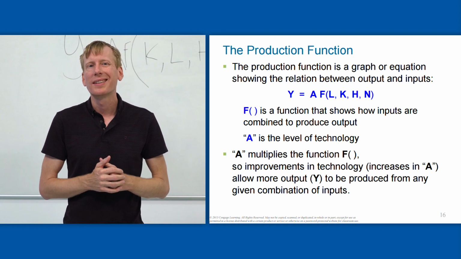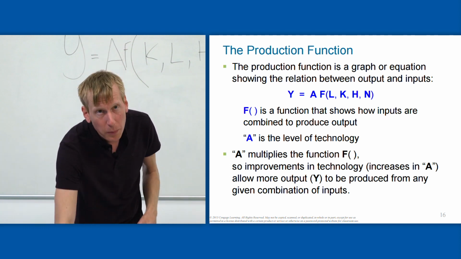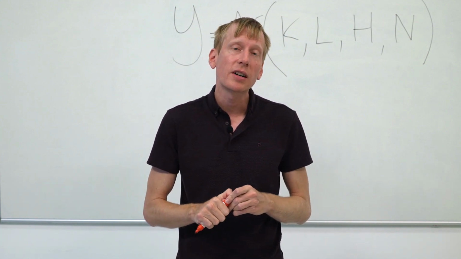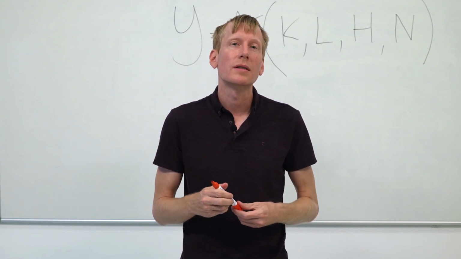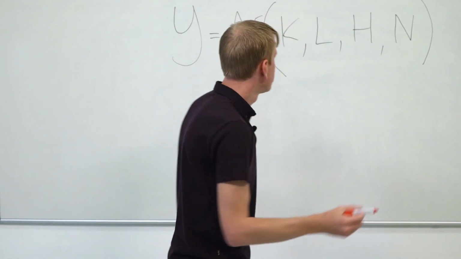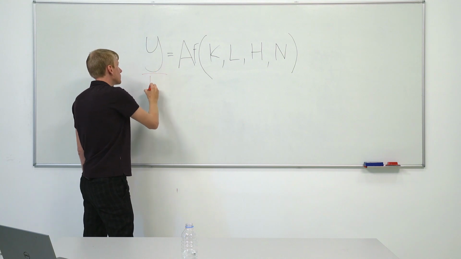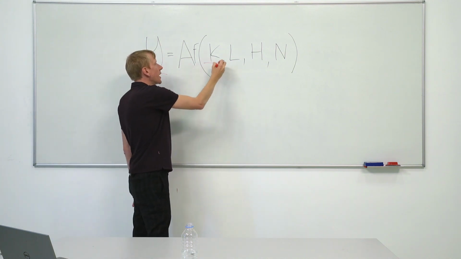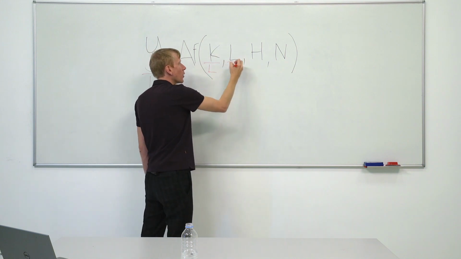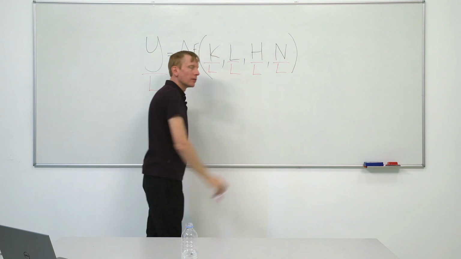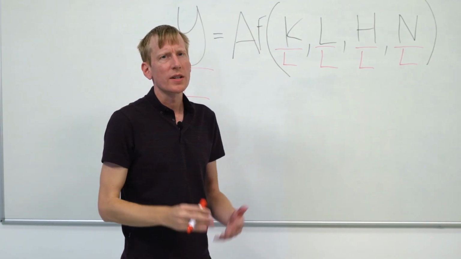But it isn't productivity. To get productivity, we want to convert this production function to a per worker scale. So divide everything in here by L. So Y over L is now a function of K over L, L over L, H over L, and N over L. What's L over L?